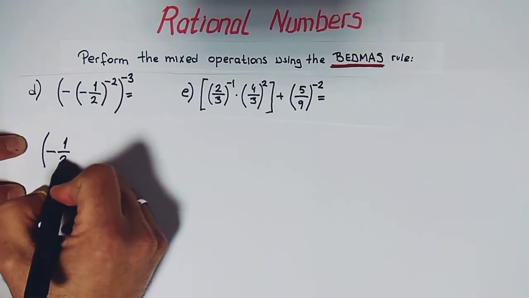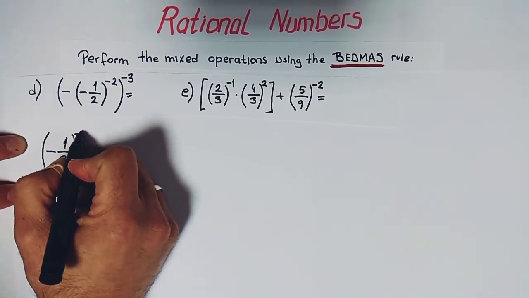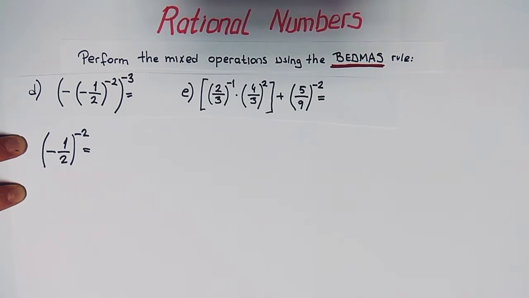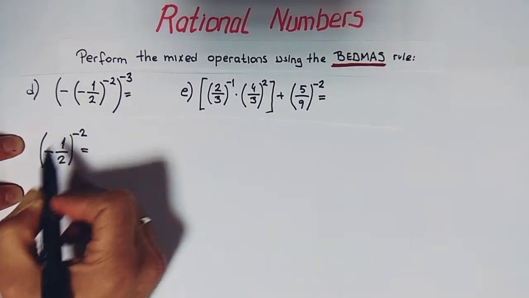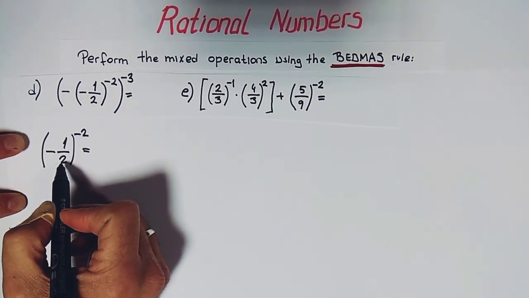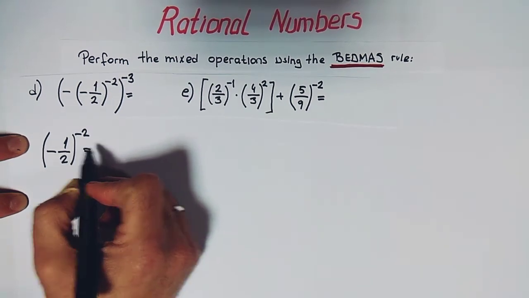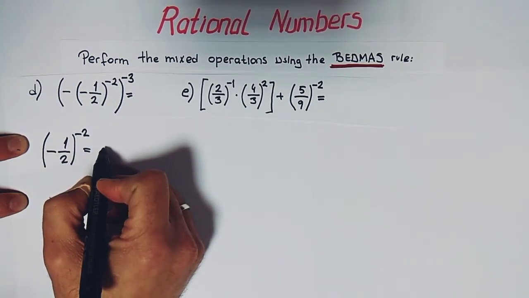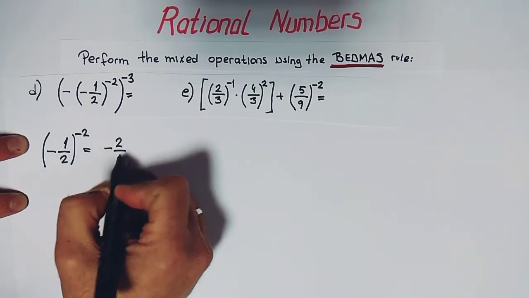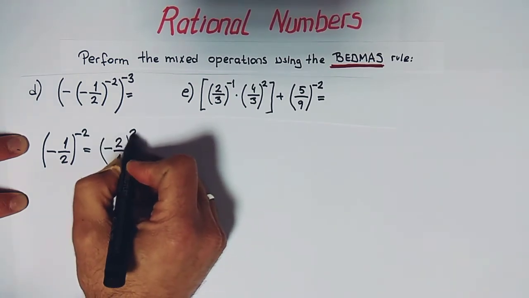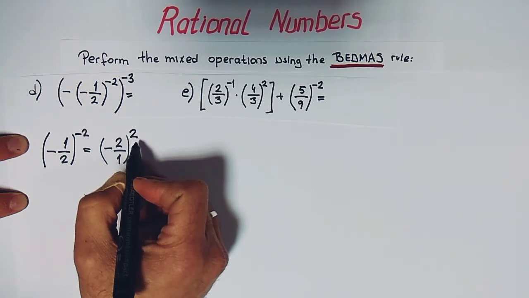Let's do like this. First, perform this. What is it equal to? Negative 2 power of negative 1 over 2. So, because of minus power, I write negative 1 over 2 as negative 2 over 1. And now I have just positive power 2.